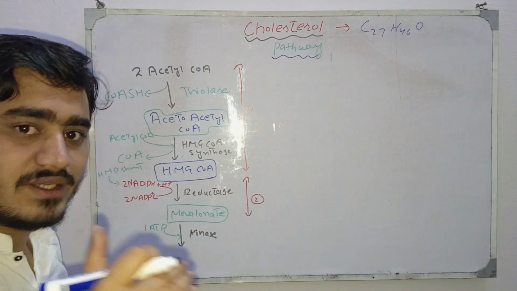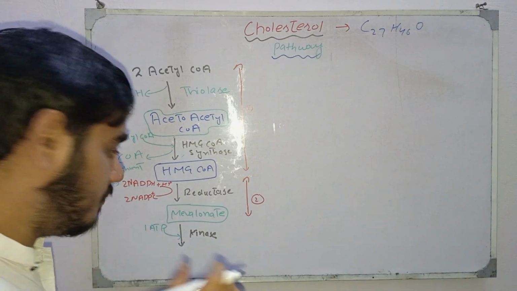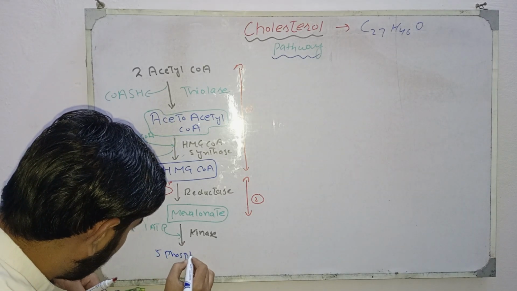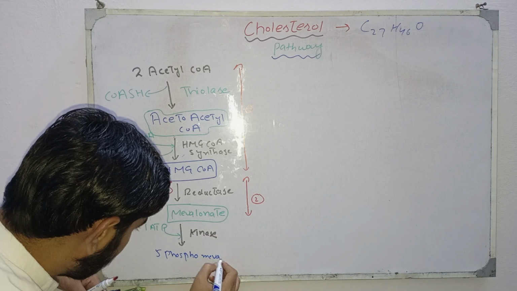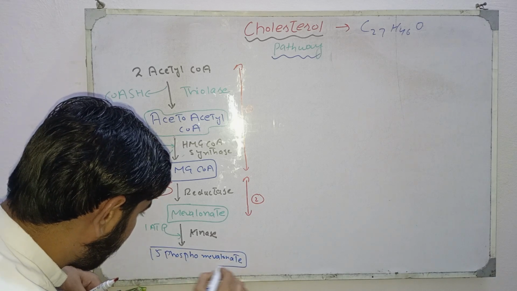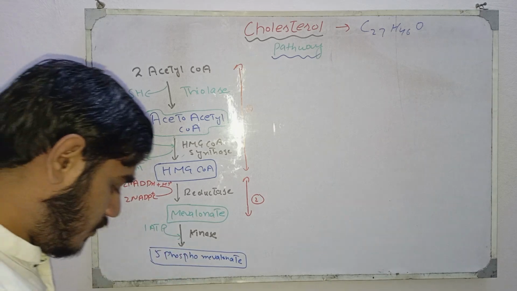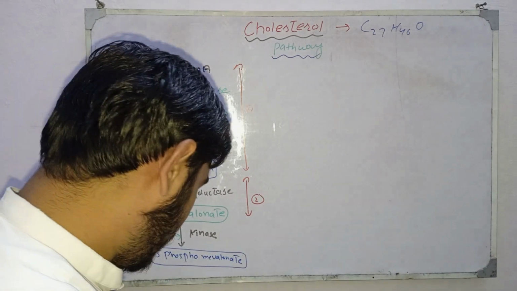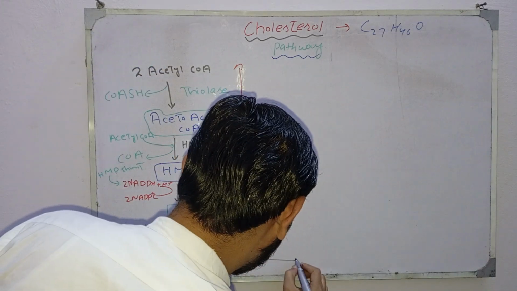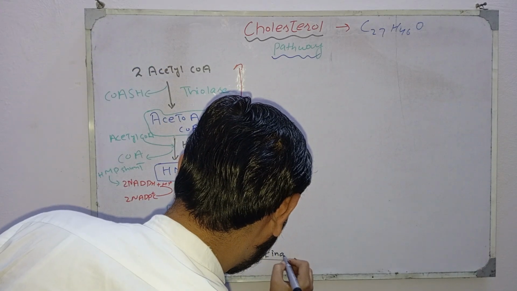This phosphate group attaches to the fifth carbon, and it converts into 5-phosphomevalonate. Okay students, for the next one, also a kinase enzyme is involved.